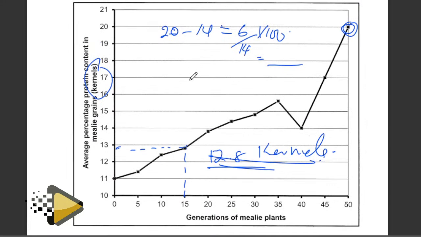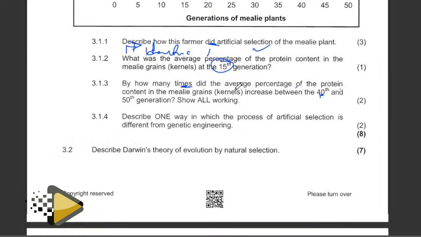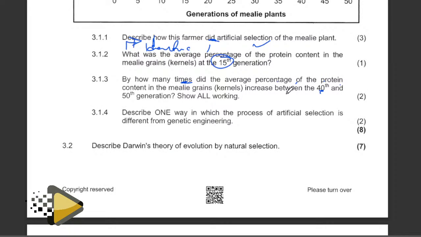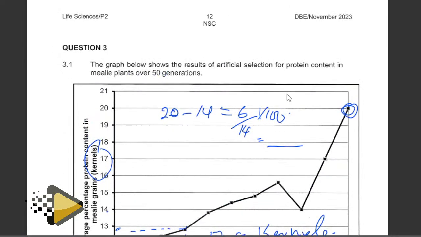So you have to calculate, and it is only 1 mark. Basically, they are asking how many times from 14 to 20. When you do the percentage increase, we will know how many times, and then you calculate and get the answer.